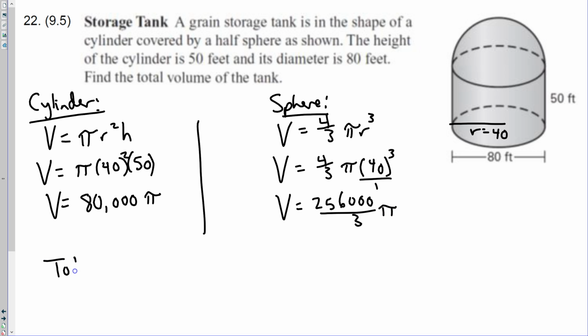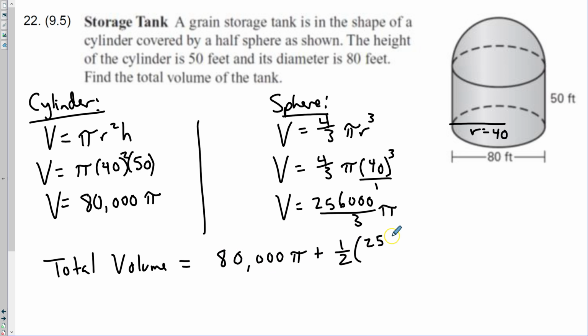So now I need to calculate the total volume. I'm going to take the volume from the cylinder, which is the 80,000 pi, and I'm going to add it with half of my sphere, so half of the 256,000 over 3, wow, times pi.